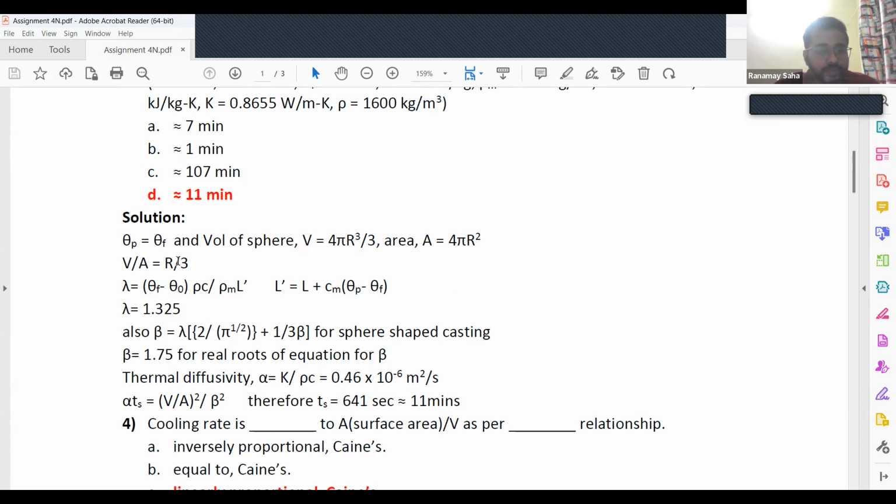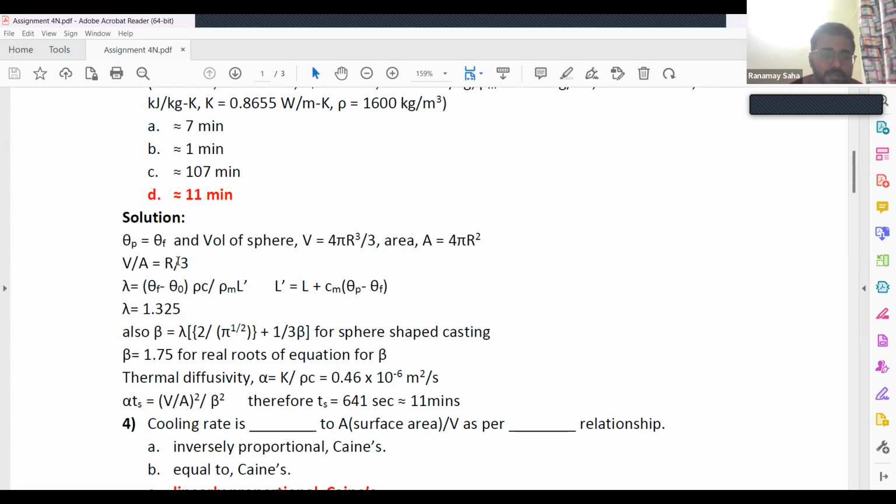And then you know how to find the non-dimensional constant lambda that is derived from the actual equation for solidification time in case of sand casting. So from that, we find out these non-dimensional constants, lambda and beta. So lambda happens to be this del theta, where theta F is the freezing temperature, and theta naught is the room temperature.